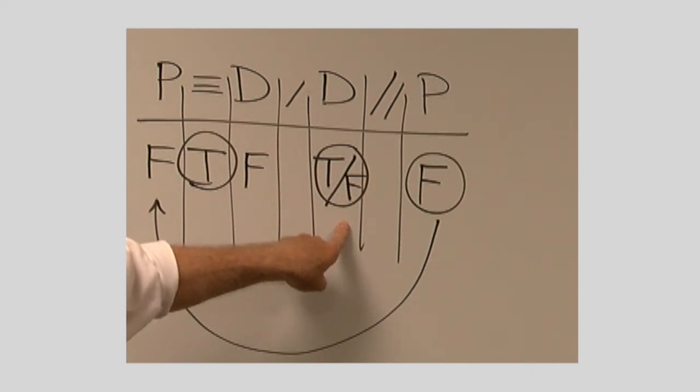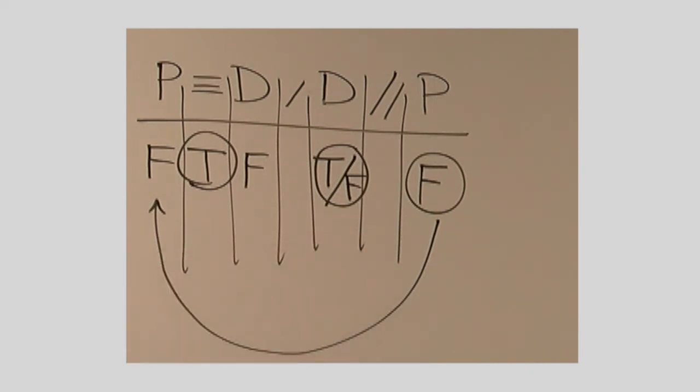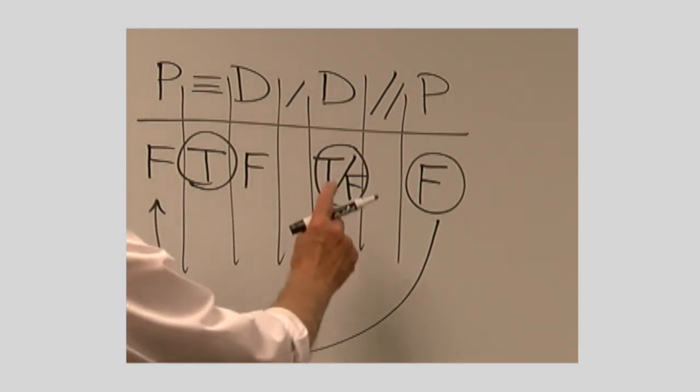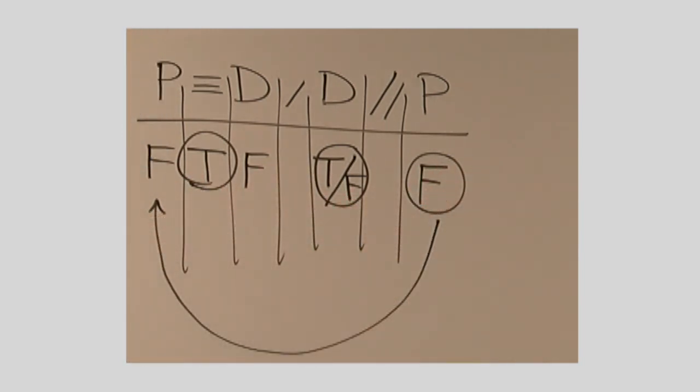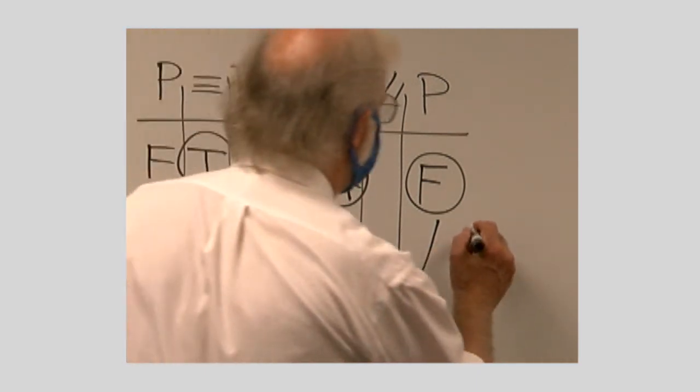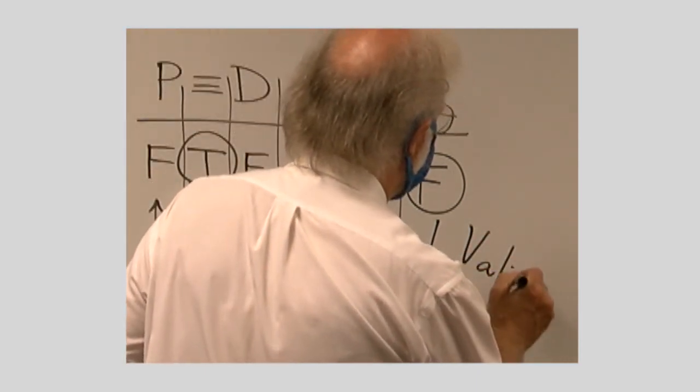A contradiction. What that means is I cannot consistently assign truth values, making all of the premises true and the conclusion false. I cannot prove that it's invalid, so I've indirectly shown that the argument is valid.